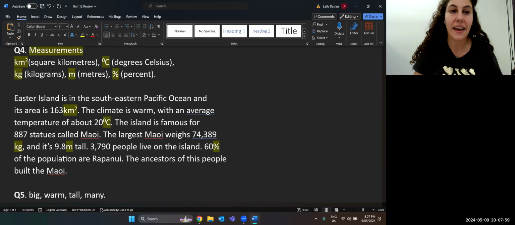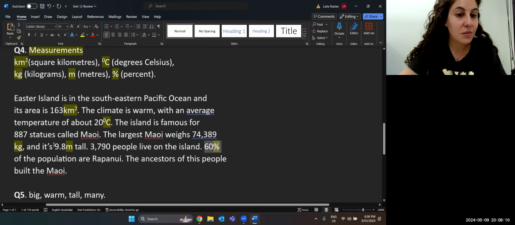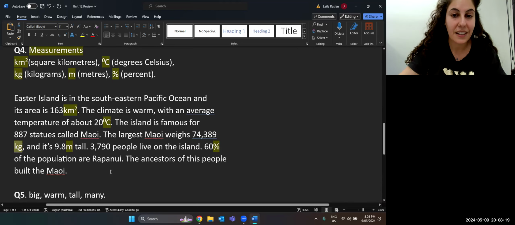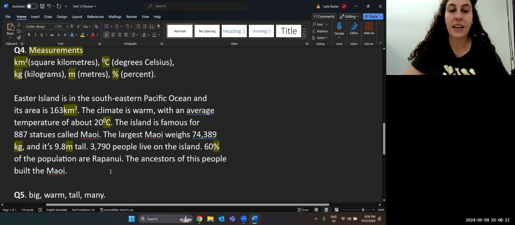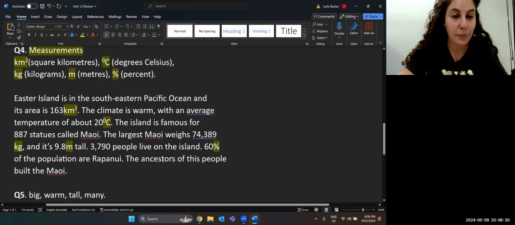So for example, I can say, what is the temperature in your city at the moment? Or what is the population of people in your city? How tall are you? How much do you weigh? Really important, not just talking about a place, but you could use it in asking questions about a place or people. These measurements can also be about people.